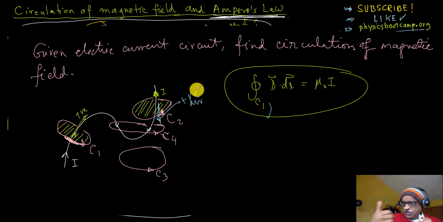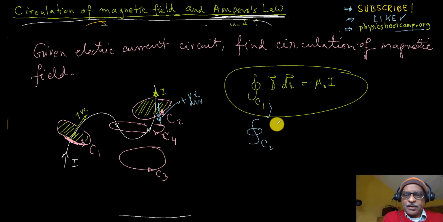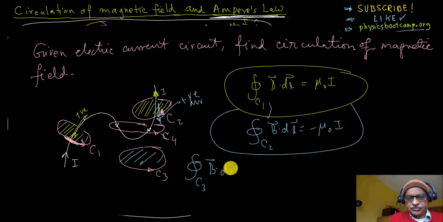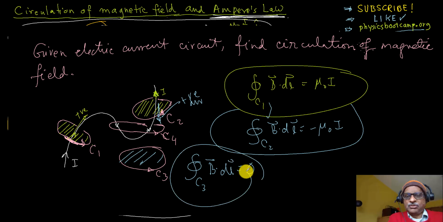So if I go around the loop, this will be positive direction. The other direction will be negative. So if I do C2, B dot dl will be minus mu naught I. How about C3? Well, there is no current passing through this. So C3 will be 0. I really don't need to do any calculation there. 0, just from Ampere's law.